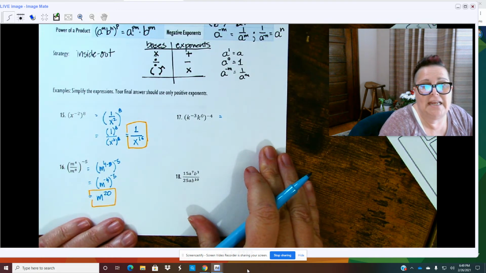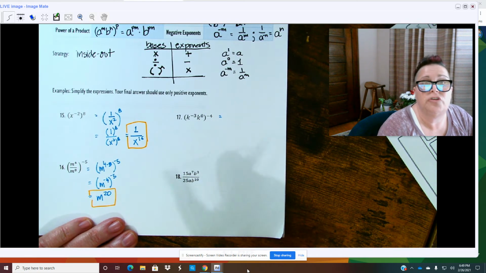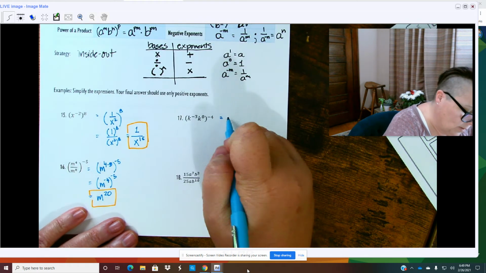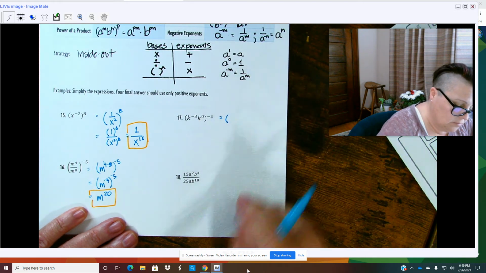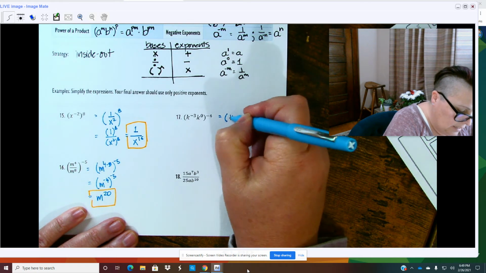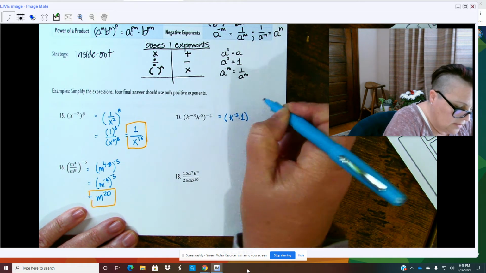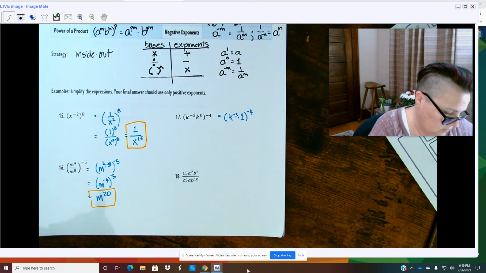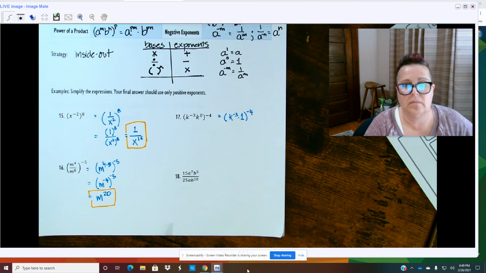Problem number 17. I have k to the negative 3rd times k to the 0, all of this to the negative 4th. Strategy is to work from the inside out. Is there anything inside the parentheses that I can simplify? Well, this would be k to the negative 3rd. K to the 0 is 1. Then I'm going to take this to the negative 4th. I have 2 choices here.